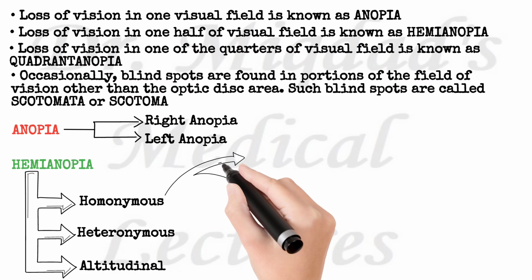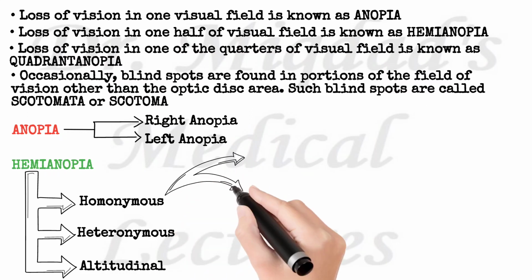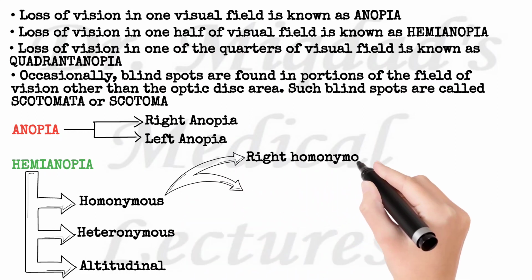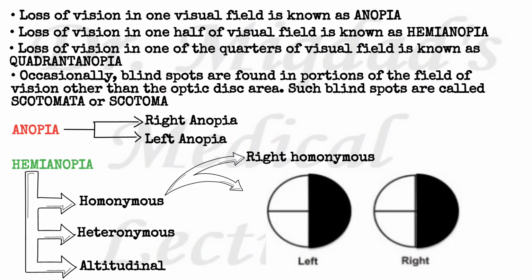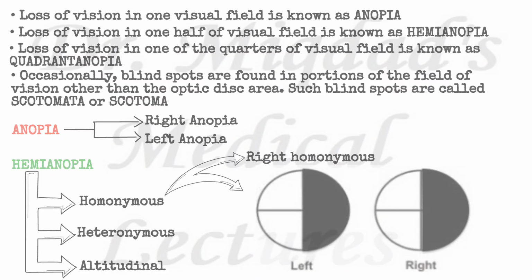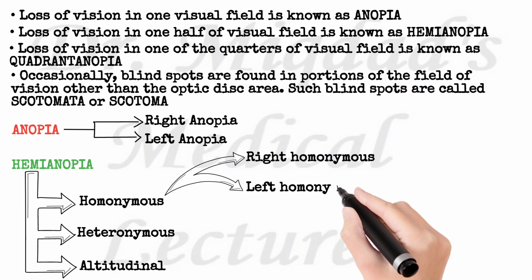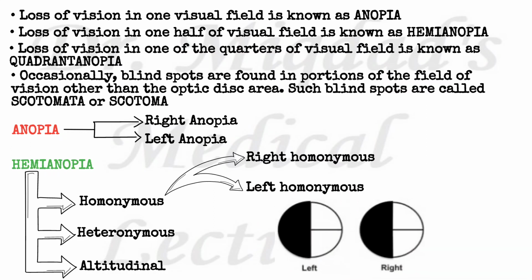In case of homonymous hemianopia, it may be right homonymous hemianopia or left homonymous hemianopia. It usually occurs if there is a lesion in the optic tract. Now, each optic tract denervates the corresponding half of each retina on the same side as the lesion.